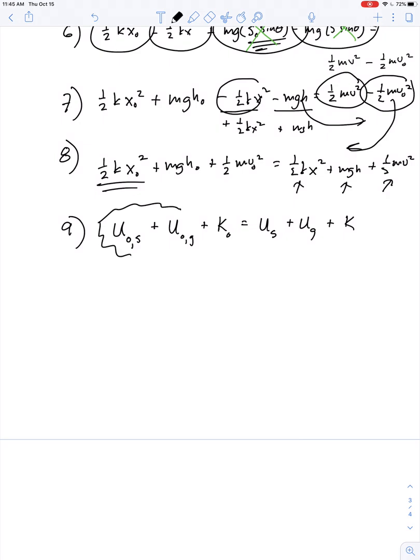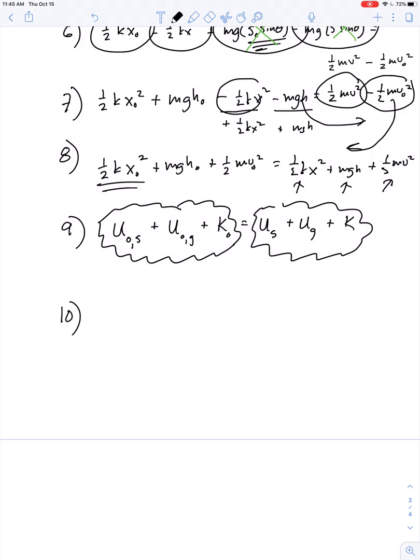The combination of all these forms of mechanical energy is equal to the combination of all those forms of energy in the final state. That doesn't mean any one type of energy remains constant. They're all converted, but the total sum of energy remains the same before and after.